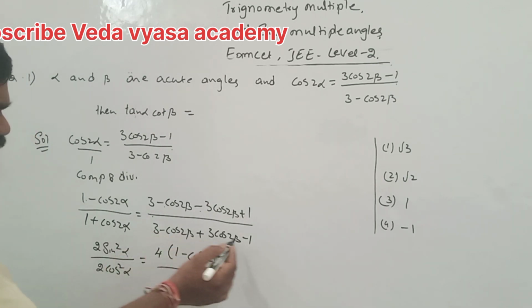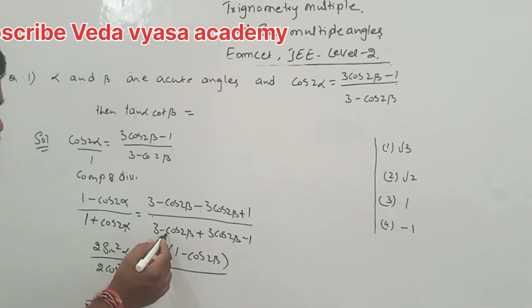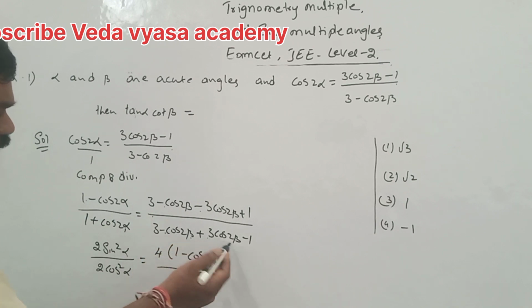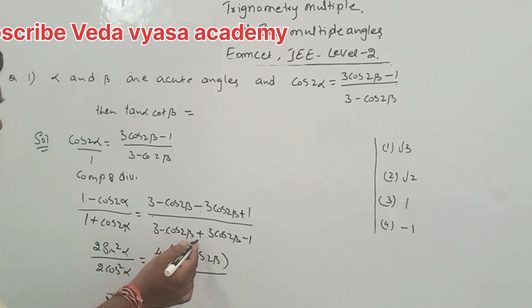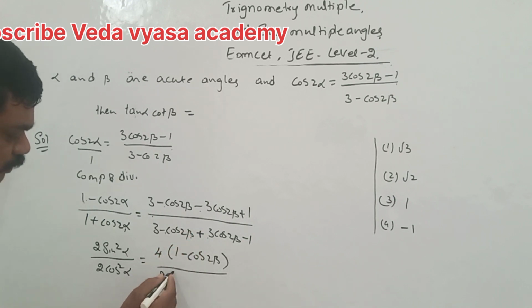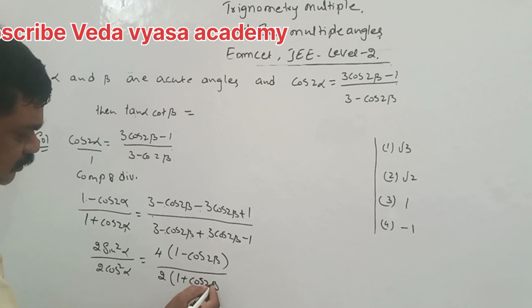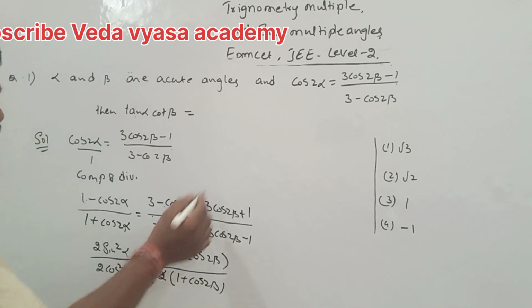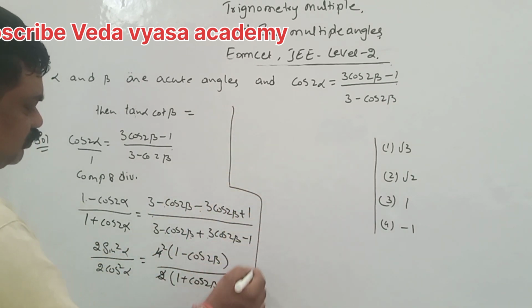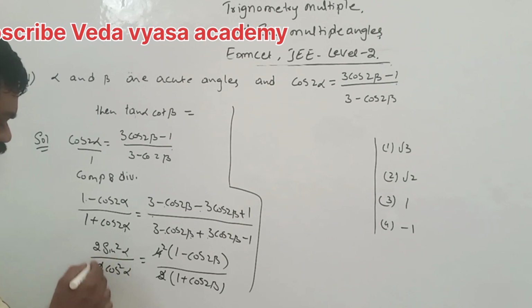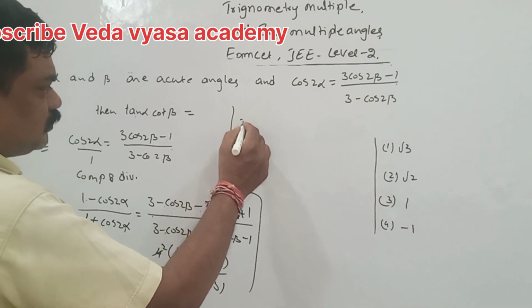Denominator: 3 minus 1 is 2, minus cos 2 beta plus 3 cos 2 beta, that is plus 2 cos 2 beta. 2 common, that is 1 plus cos 2 beta.